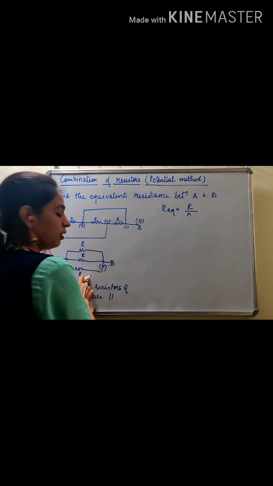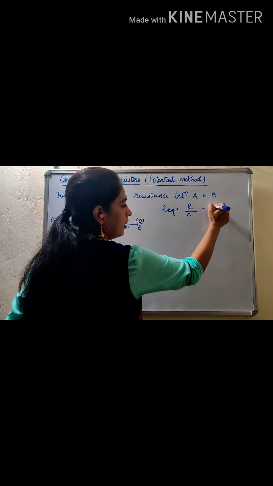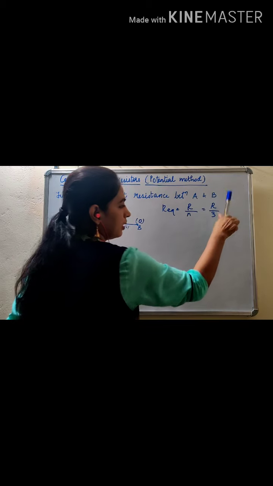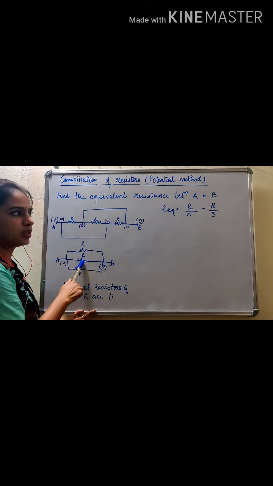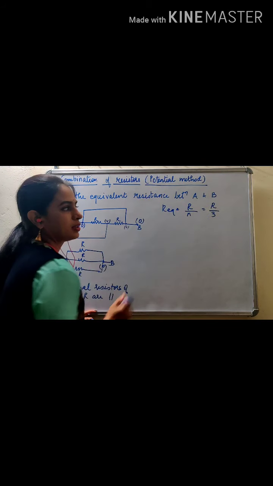Here we have 3 equal resistors in parallel, so our R equivalent will be R by 3.